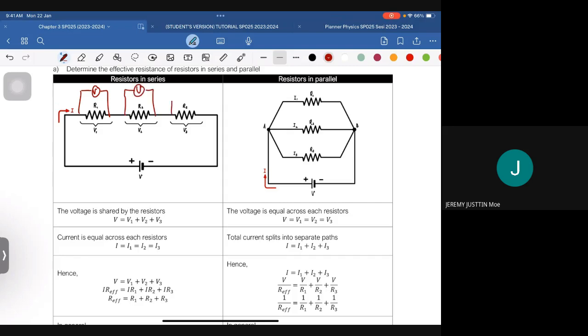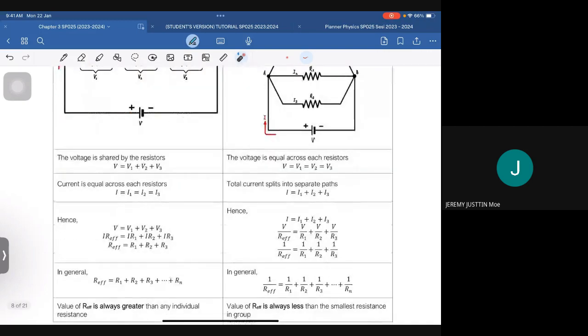So volt di sini tidak akan sama. Okay, so yang ini voltage supply ni dia akan split. So V1, V2, V3. Tapi untuk parallel circuit, voltage yang dia supply ni akan equal dengan setiap resistance. Okay, so itu characteristics untuk resistance in parallel and then resistance in series.